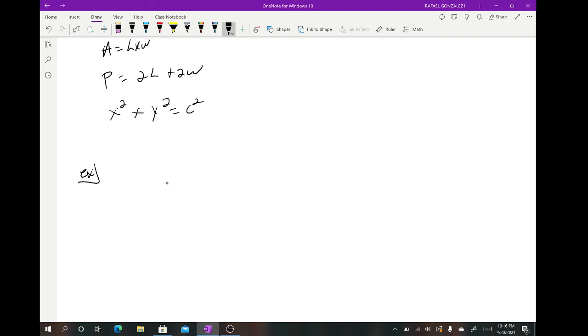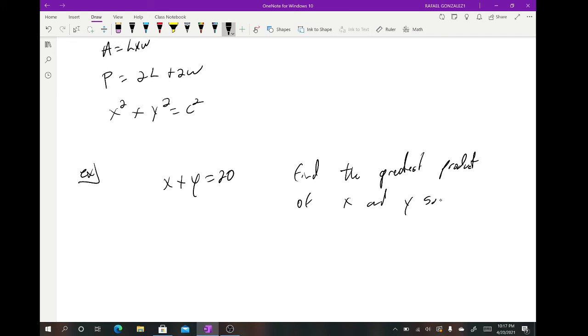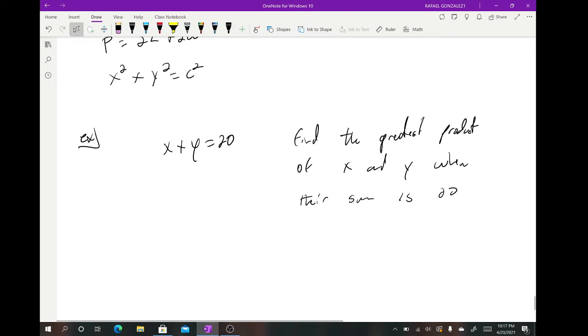We're given that x plus y is equal to 20, and we want to find the greatest product of x and y when their sum is 20. So now, you could do this with a table because it's not that long of a problem.